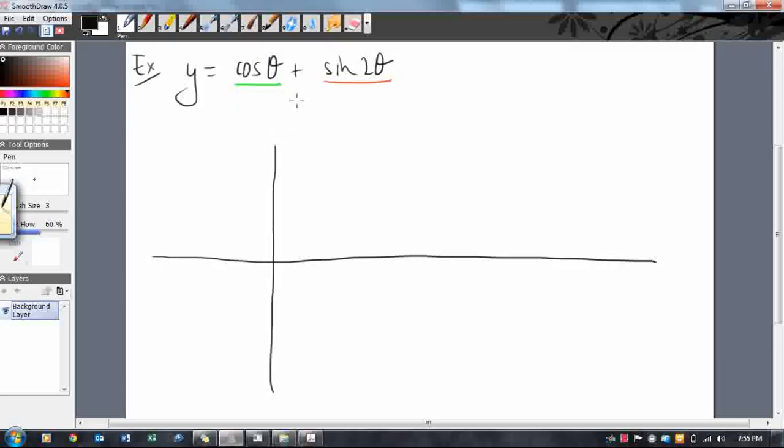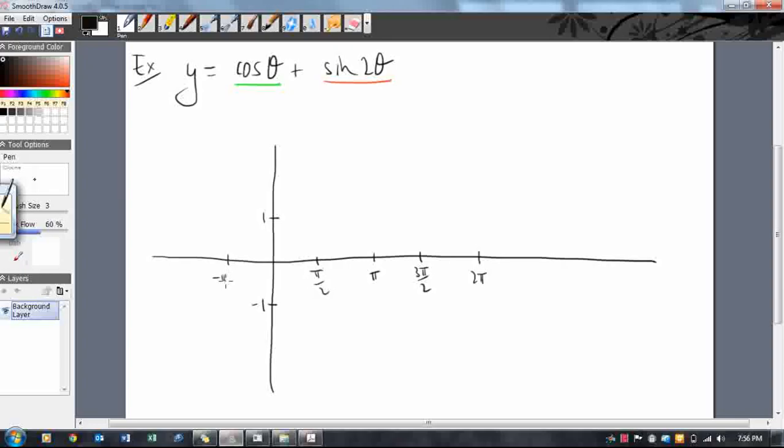Okay, so I'll put in here, and I'll put our 1 here, and -1. Because it's cos theta and sine 2 theta, we can just do our standard 2 pi. So I might do a 2 pi there. So halfway will be pi. There will be 3 pi on 2 and pi on 2.